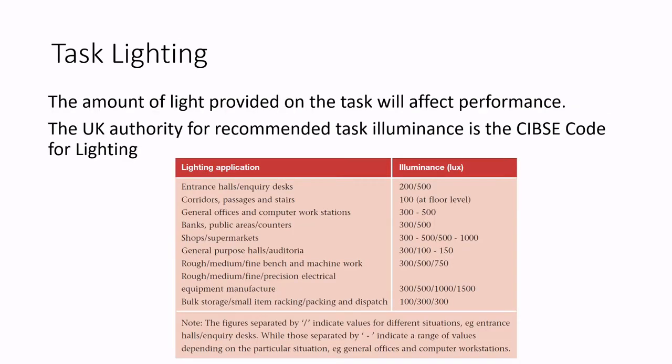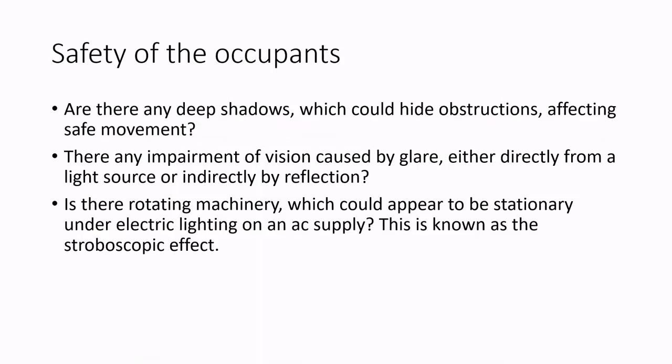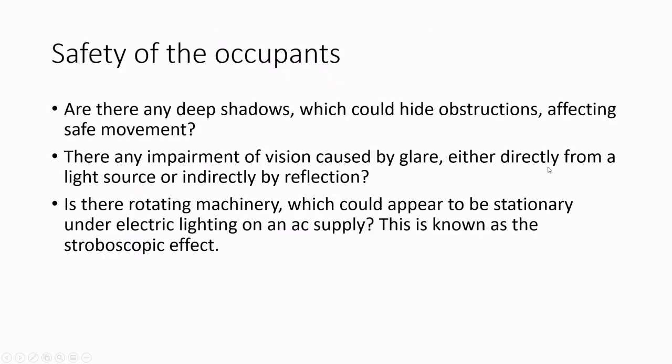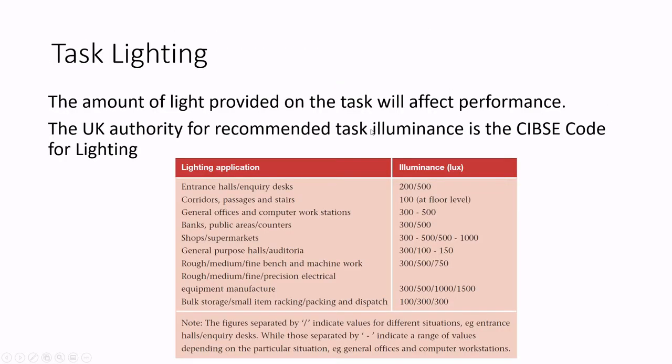Here we are going to talk about task lighting. Earlier I mentioned that the designer should do the design so that users of the interior can carry out their tasks effectively. To carry out tasks effectively, the CIBSE code has given some recommended illuminance levels. This table contains those illuminance levels.